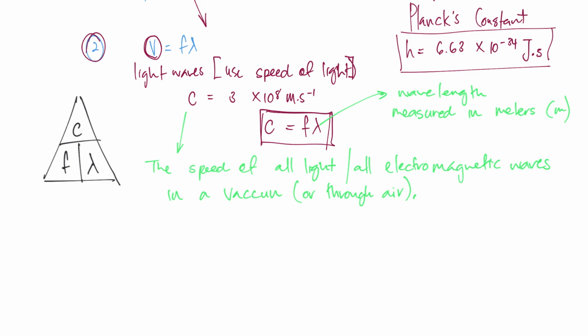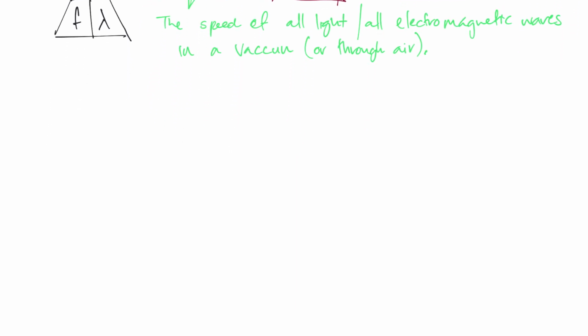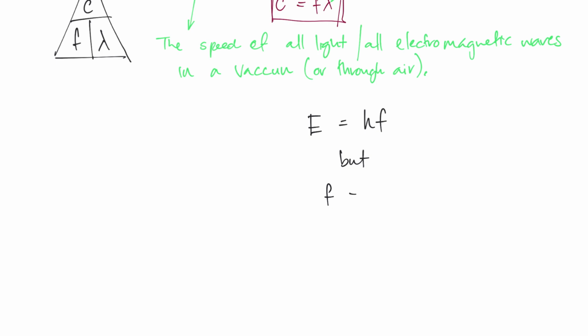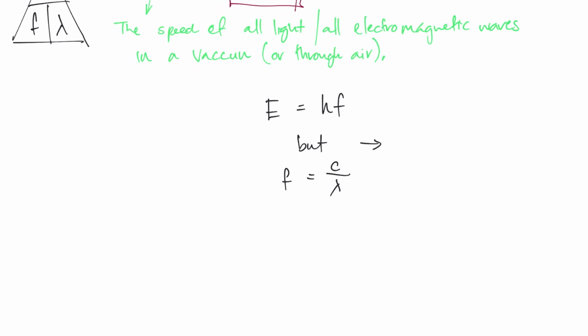Now these formulas help us because if I say that E is equal to hf, that's your first one, but also f, frequency, is also equal to c over lambda, then I can combine those two formulas, and I'm going to get that E is equal to h multiplied by c over lambda.